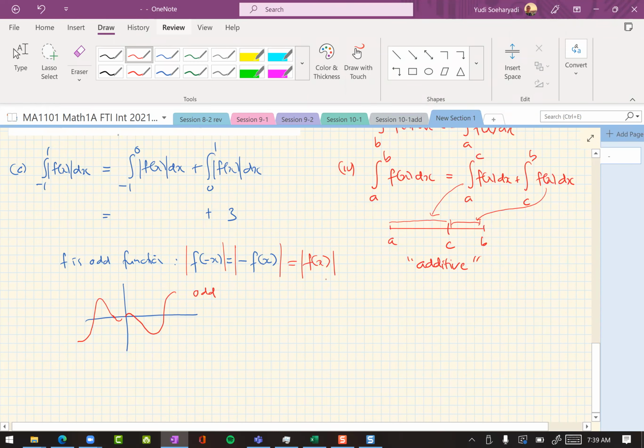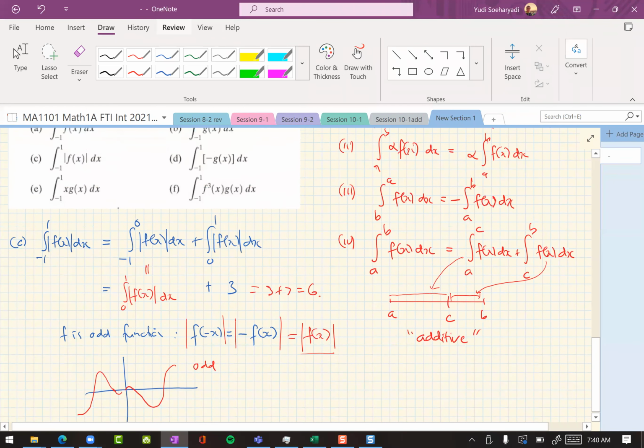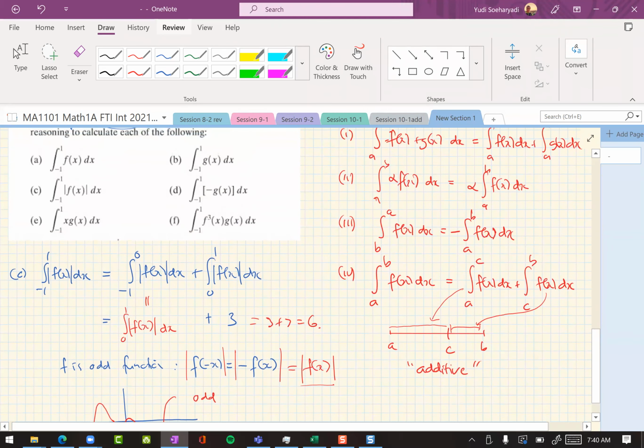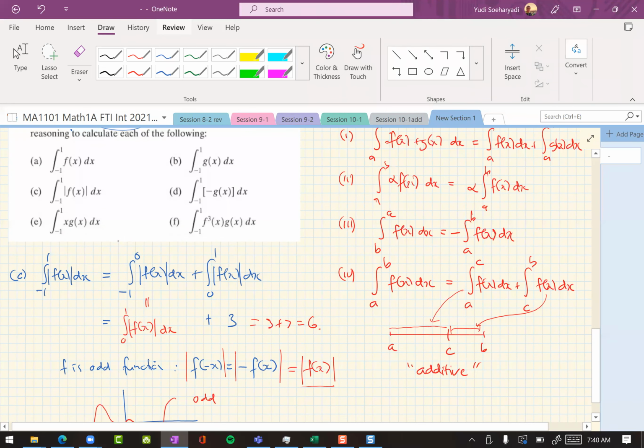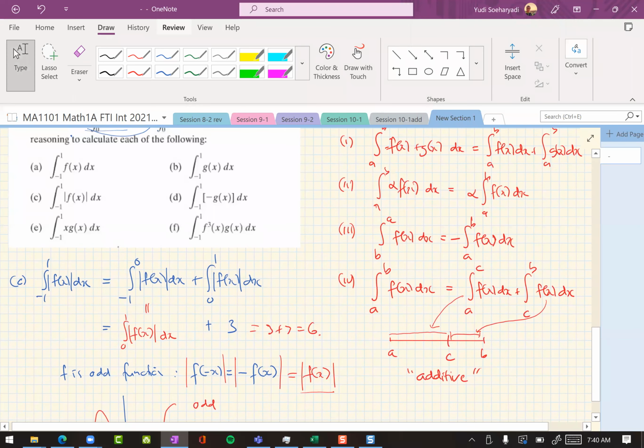So when x is negative, you also have this one. So this is the same as the, so this is 3. Okay, so that's the function.